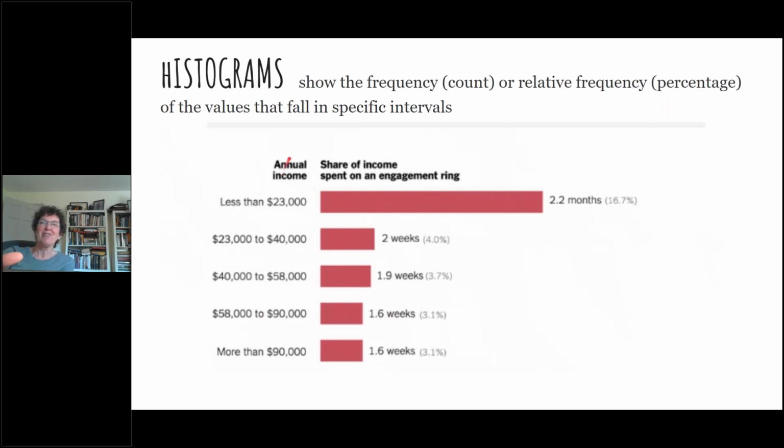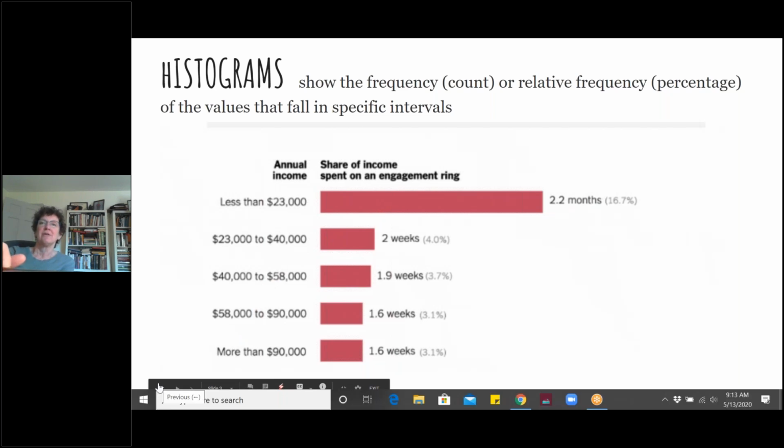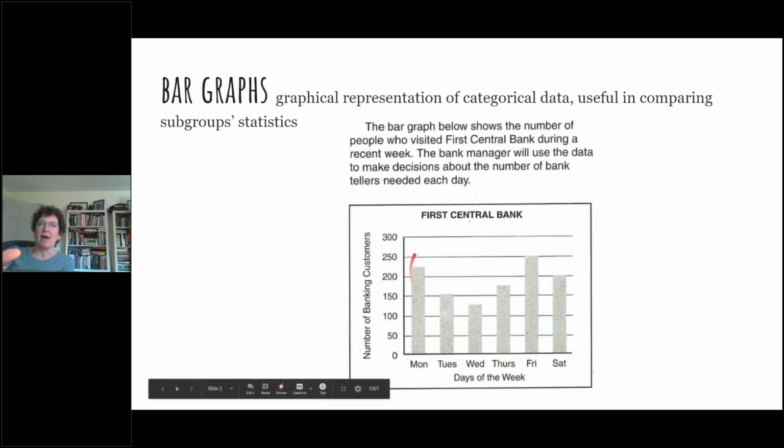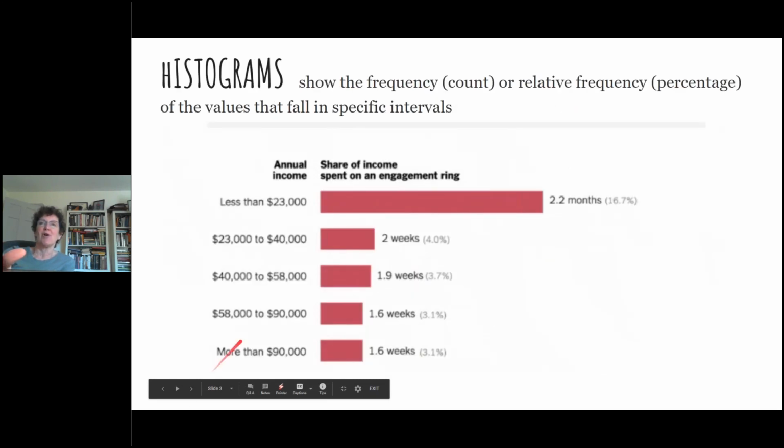Okay, so here, this is actually a horizontal bar graph, whereas the other one we saw was vertical, went up and down. This one is going sideways, so we call this a horizontal bar graph. And this turns out to be the title: Share of income spent on an engagement ring.